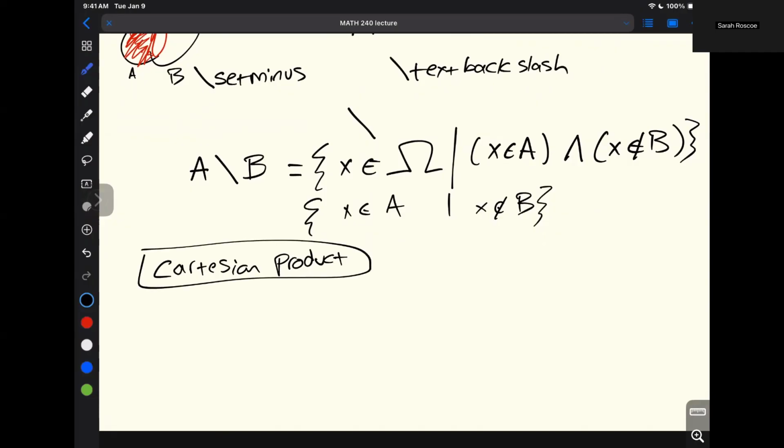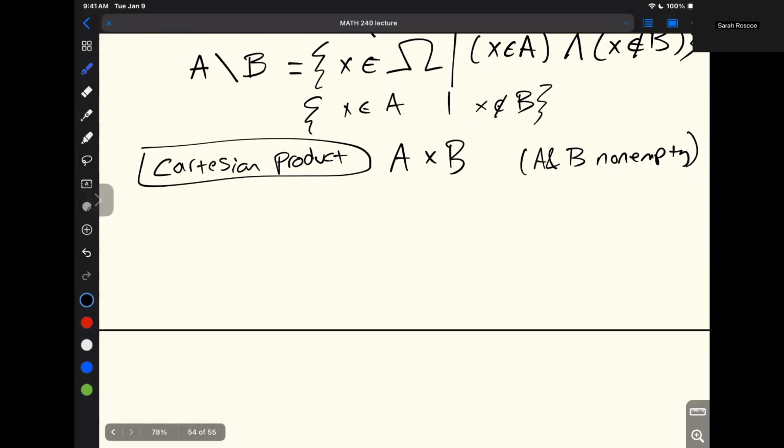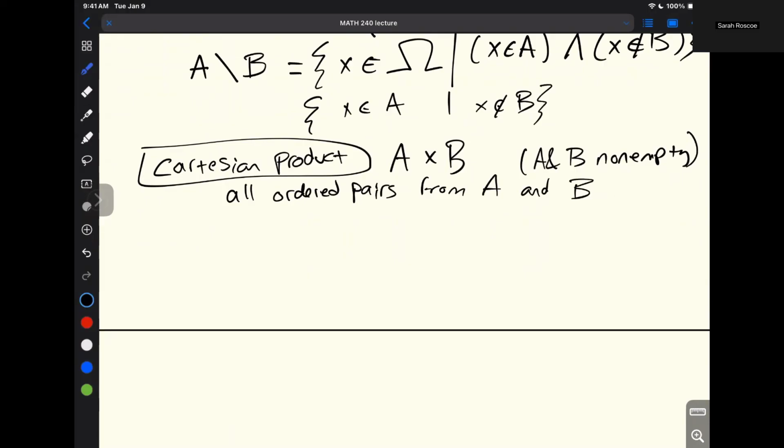The product of two sets, as long as they're not empty, is all ordered pairs from A and B, respectively.